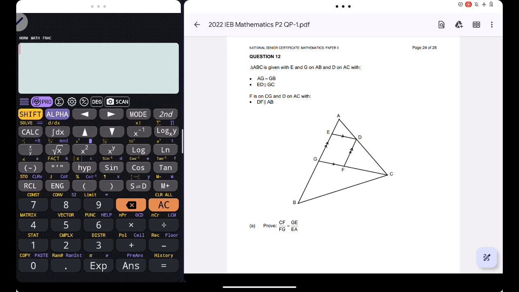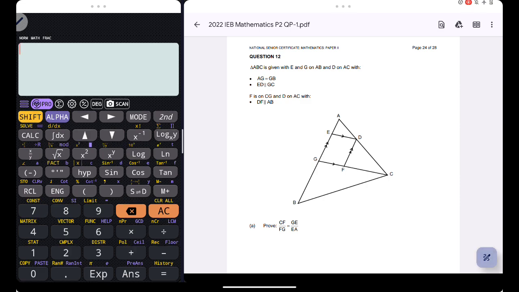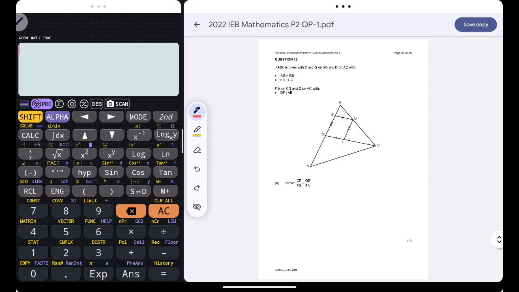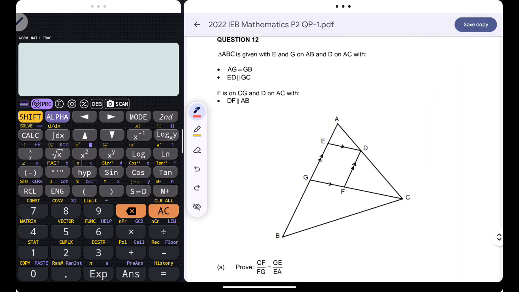Okay, question 12. We are given triangle ABC, and we are told that E and G are on line AB, and D is on line AC. We are also told that AG and GB are equal.